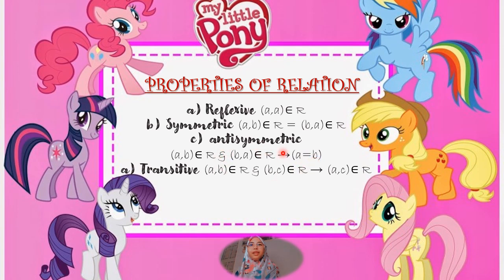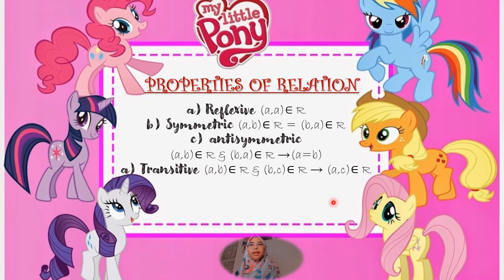And then we conclude a equals b. And the last one, transitive. (a, b) element of R and (b, c) element of R, then (a, c) element of R. We can see the result comes from the first a and the last c.